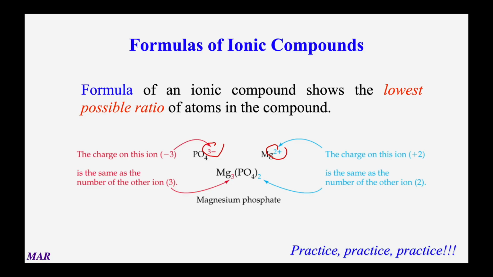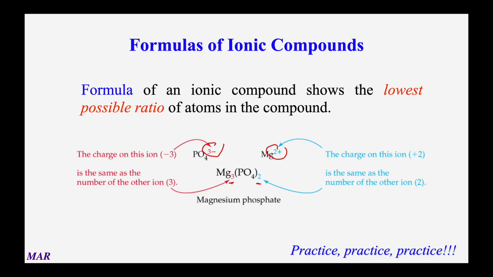And like we talked about earlier, a common denominator between 3 and 2 is 6. So if you go 6 divided by the 2 on magnesium, that's where the 3 comes from. And 6 divided by 3 on the phosphate is why you need 2. Notice that we put parentheses around the phosphate because there's more than one.